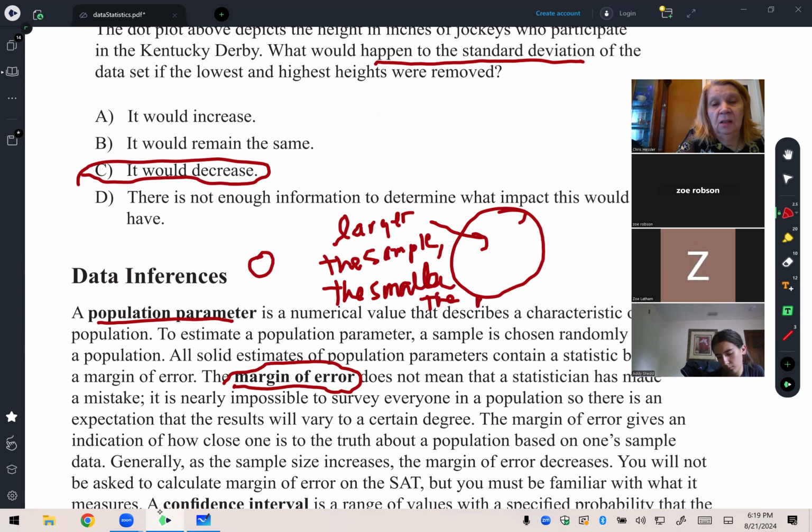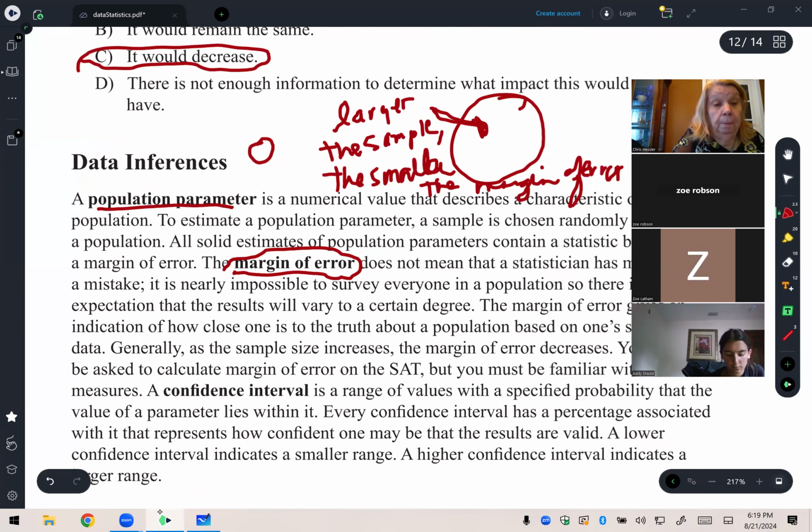Does that make sense? So I can hit the dartboard better if I have a big one. I'm sorry, that's sloppy writing. This glass surface is hard to write on. So just say to yourself, or write it down so it fixes in your brain: the larger the sample size, the smaller the margin of error.